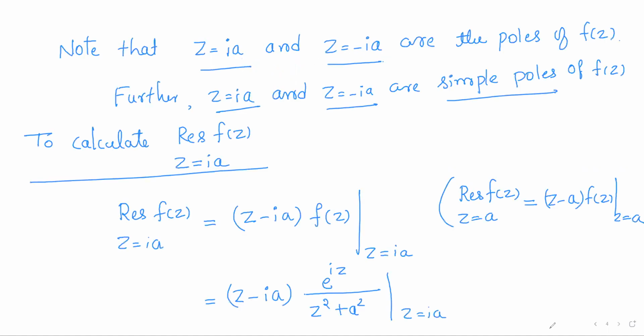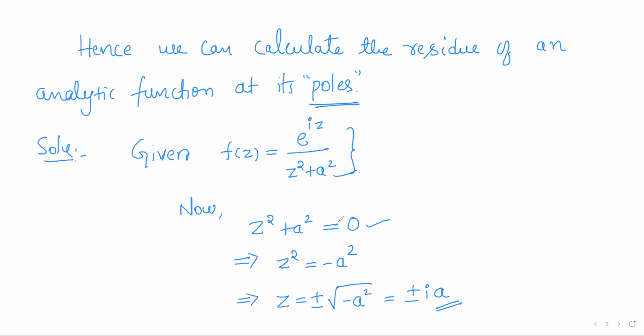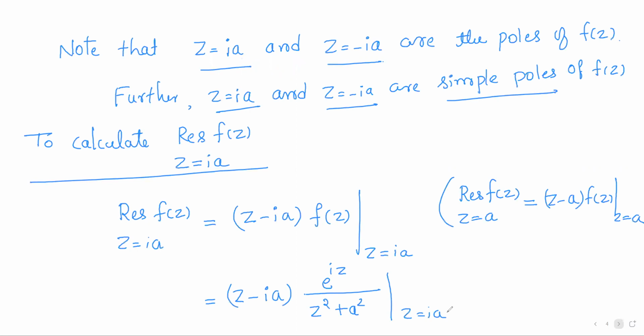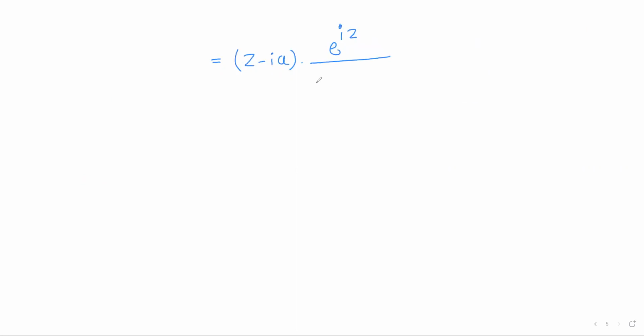Next, z minus ia into e to the power iz divided by, so we have solved the quadratic equation z square plus a square, and we have got roots z is equal to plus ia and z is equal to minus ia. As these are the roots, the factors of this polynomial will be z minus ia into z plus ia, right?